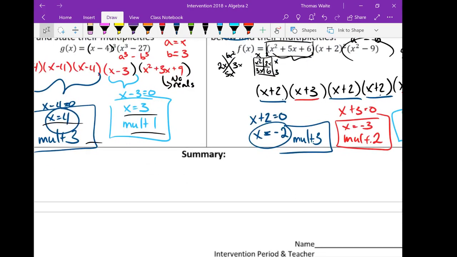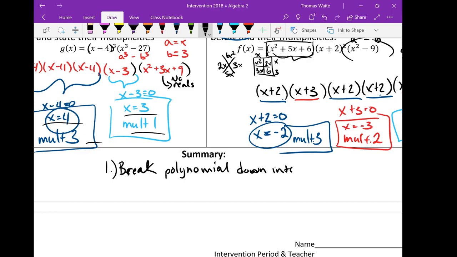To wrap this up, we really need to break our polynomial down into linear factors, basically factors of just x, not x squared, not x cubed.